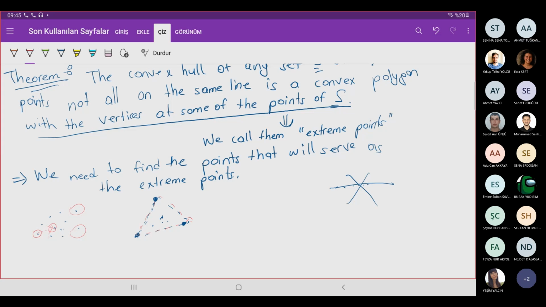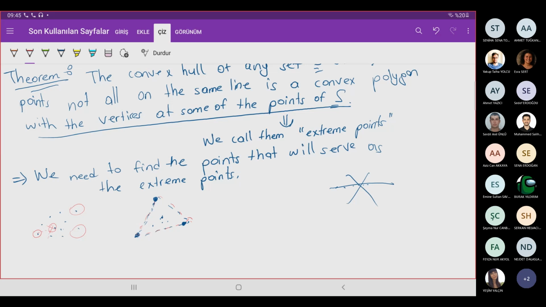Okay. So we also need to know which pairs of points need to be connected to form the boundary of the convex hull. Once we find the extreme points, we need to find the sequence of these points so that in the clockwise or counterclockwise direction, I can determine the convex hull to the computer, in other words.